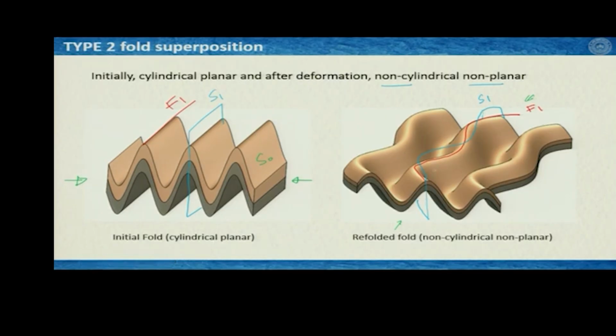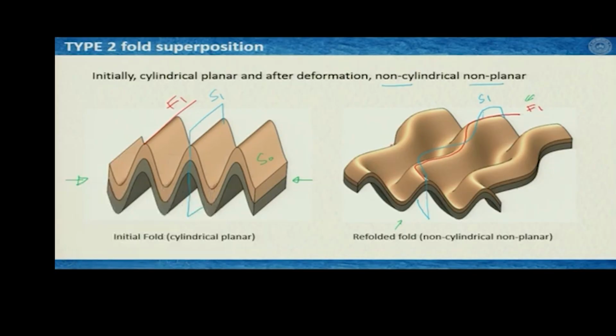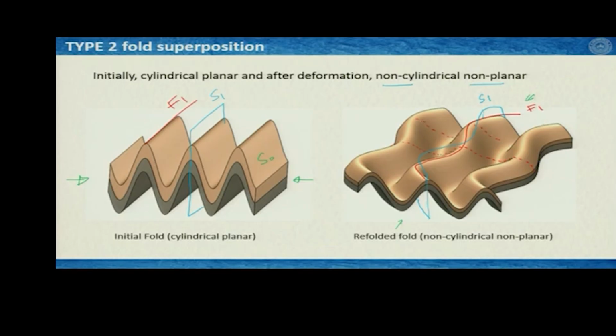You can see that this fold axis, this red line here, is getting folded by, of course, F2. So F2 is coming this way. So this is another fold. This is another fold axis of F2.